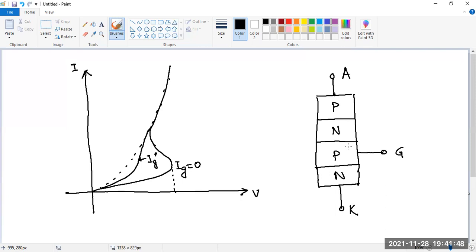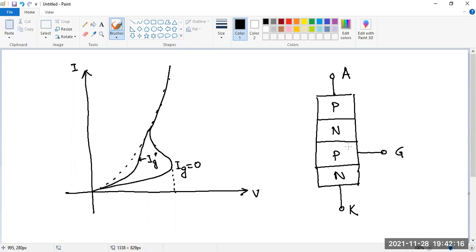Radiation means the light radiation. So then the junction can be forward biased. In case of external forward bias, if we apply some light radiation in the junction where it is reverse biased, like J2 in case of forward bias, then also it can be turned on.